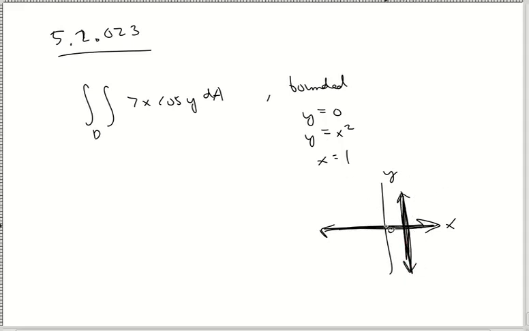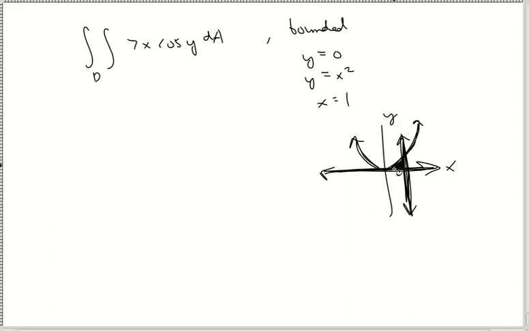And then I got x squared, which is a parabola. And so you can see the region's going to be this guy right here, that small little triangle looking thingy there. So that's my region. Okay, so I want to set my integral up here correctly. dy dx almost always preferable. I want my y values here, my x is there. But notice I want to do top and bottom.